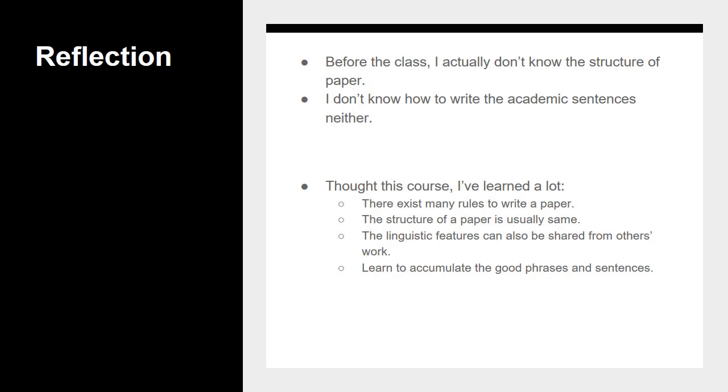Most people first write the abstract and introduction, then related work and methods, then the analysis, and finally the conclusion. Those four or five parts compose the paper, so we can follow this structure to write a paper.